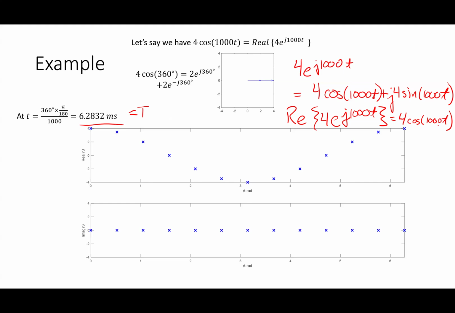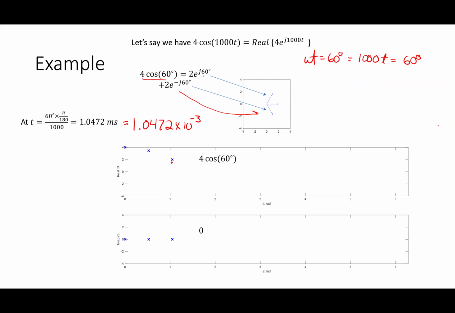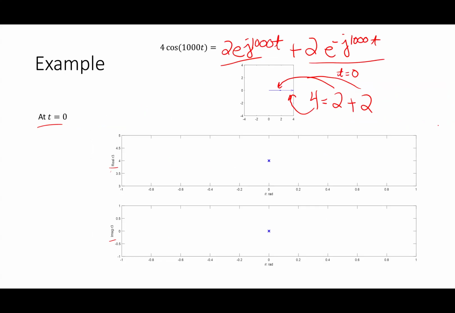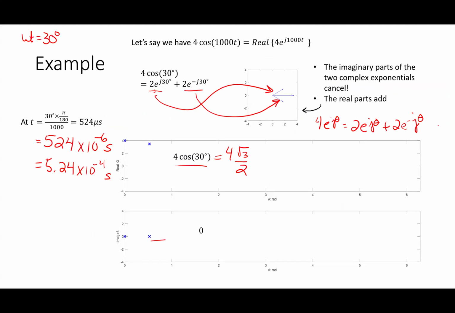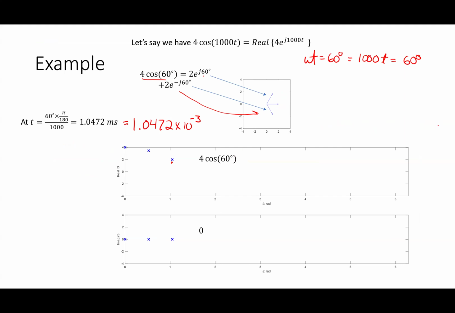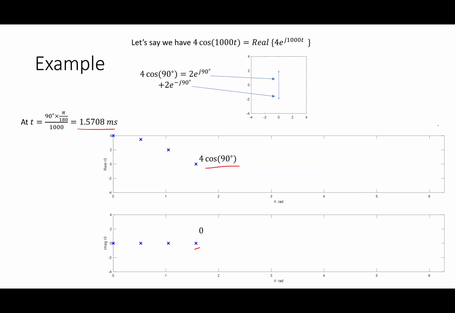And if you watch the summation of the vector, at t equal to 0, the summation is entirely real, and it's pointing that way. At 30 degrees, the summation is entirely real. It's just a little bit smaller. 60 degrees, the summation is entirely real, and it's a little bit smaller. 90 degrees, the summation is entirely real, and it's equal to 0. I've tracked basically cosine as the summation, right?